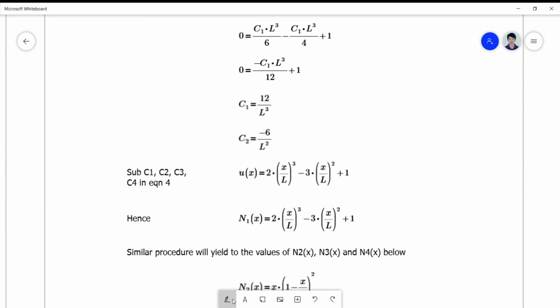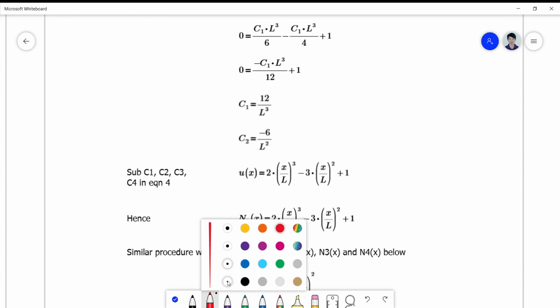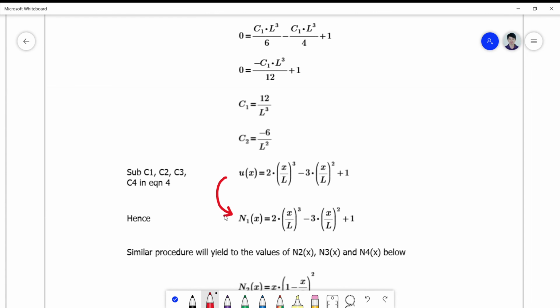Okay, so remember that this is not the absolute solution for your u of x, since we have not included the EI, so this is only an approximation, which is a function that is needed to approximate the shape of your u. Okay, so u of x is actually your n1x, your shape function, which is equivalent to this equation here derived from the procedure.